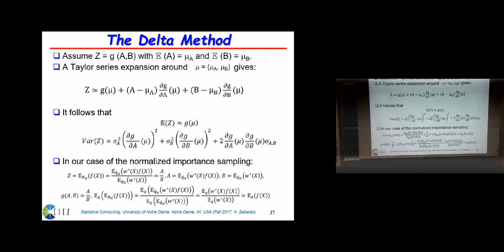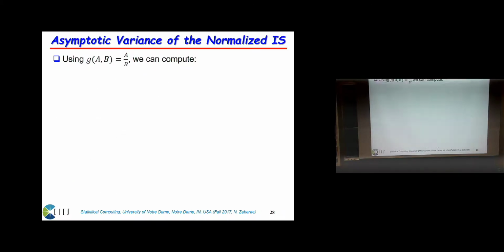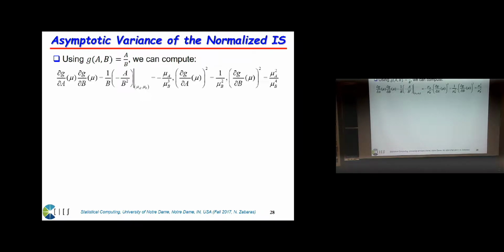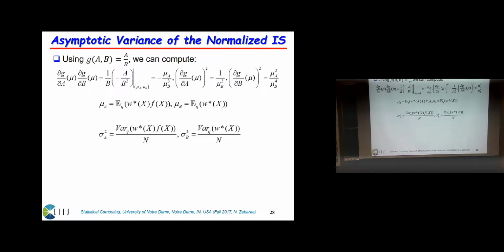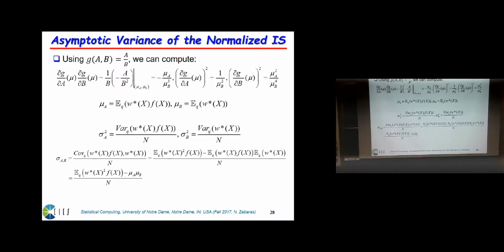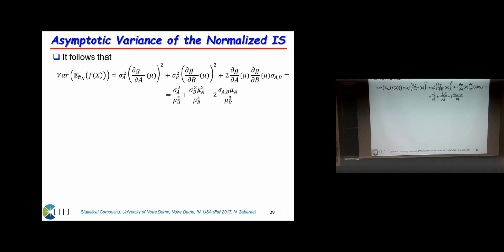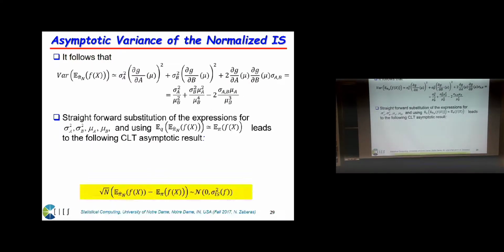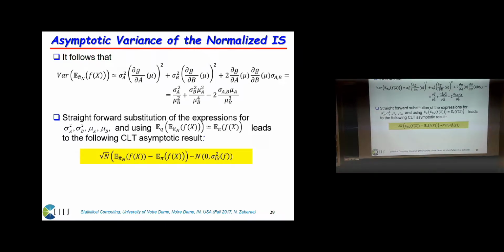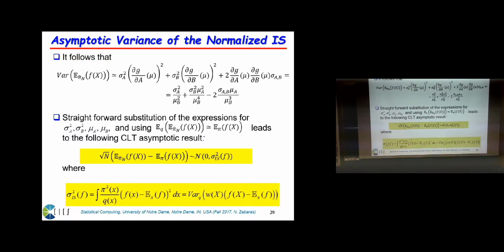The Monte Carlo variance, which for each estimator is sigma square over n, all right? Effectively, for these functions, for A over B, you can differentiate. And I said we know the means and the variances, and here are the means and the variances. You can plug them in and do the algebra and compute the variance, and this is the result that you get.